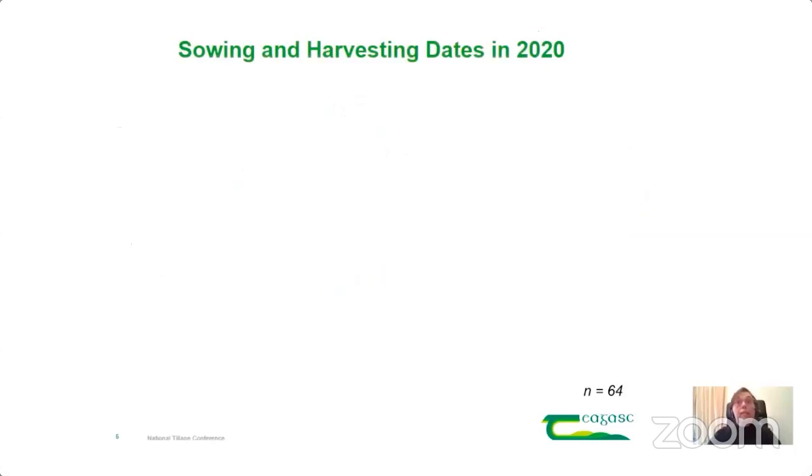Sowing date is one of the major factors that impact yield in field beans. Teagasc research has shown that sowing after April brings a penalty in yields, and optimal sowing dates are between mid-February to the mid-end of March.